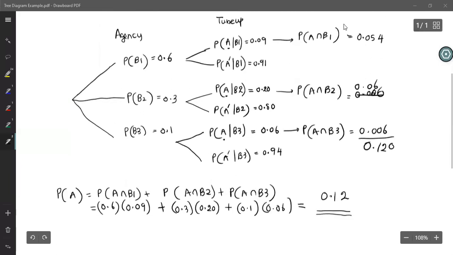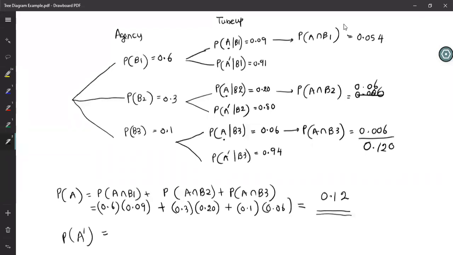Okay. Now, what is the probability that the car does not need a tune-up? How do you find this one? You have two ways to do that, the longer way and the shorter way. Who can give me the answer for P(not A)? What is P(not A)? Okay, I have 0.88.